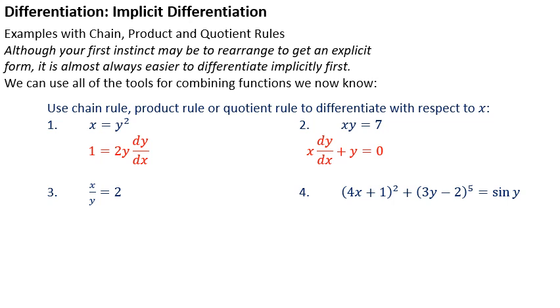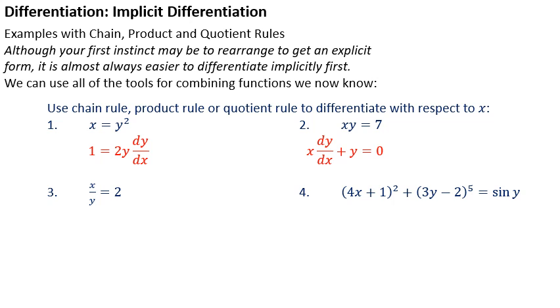And this is one of those special cases where y may appear somewhere without a dy by dx immediately next to it. x multiplied by the derivative of y, and then the derivative of x multiplied by y. Of course, the derivative of x is 1, and y appears on its own there because we didn't need to differentiate it for that particular part. We were using the bit of product rule that keeps y the same and differentiates the x. And on the right hand side we have a constant which differentiates to 0.